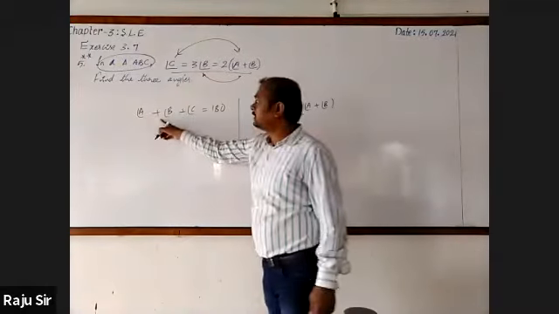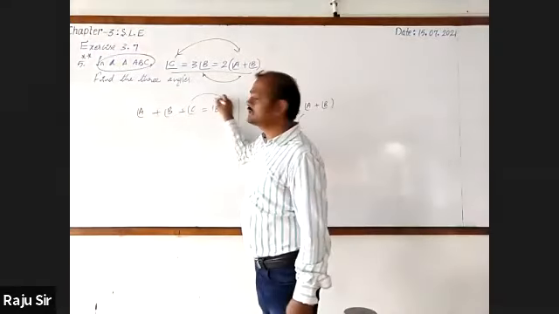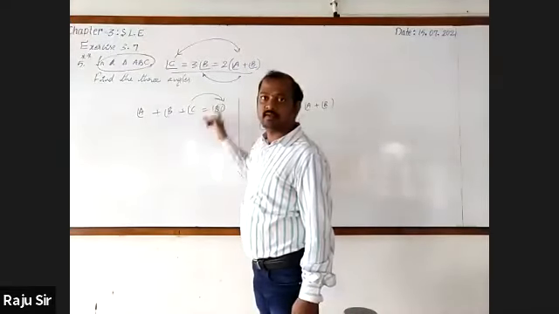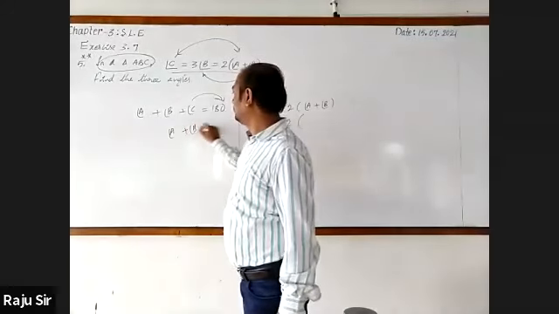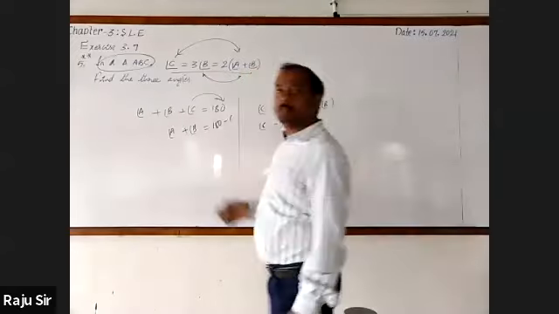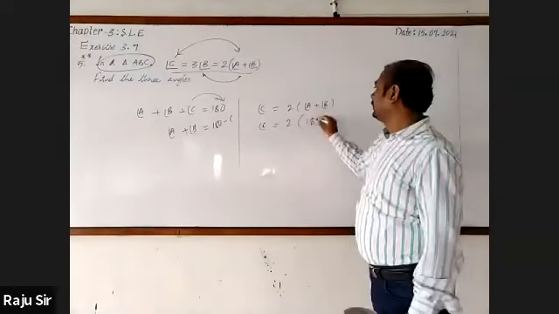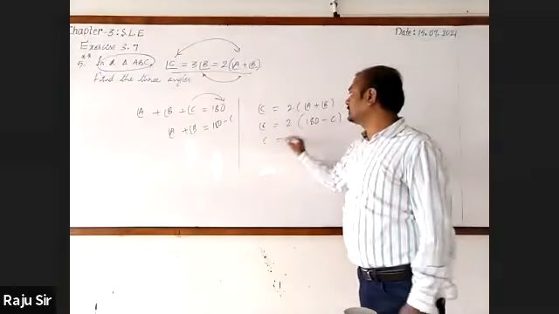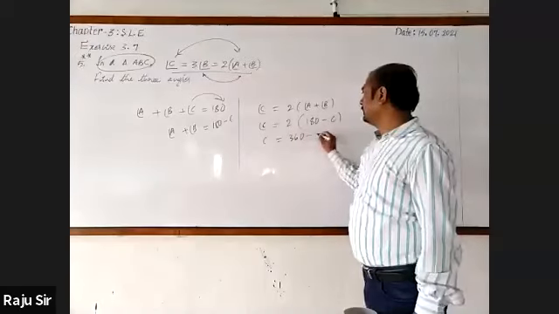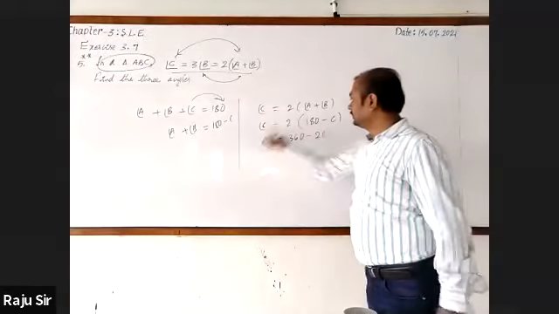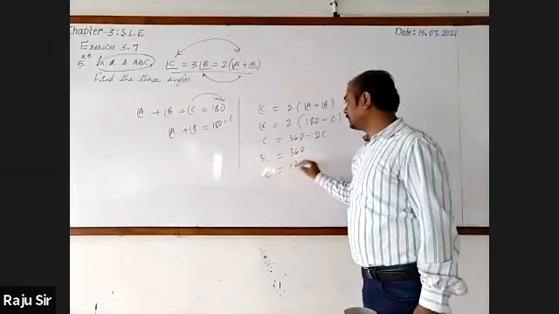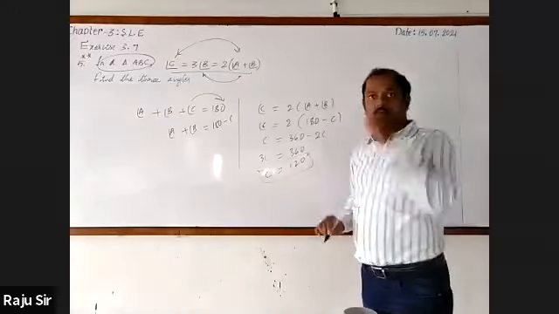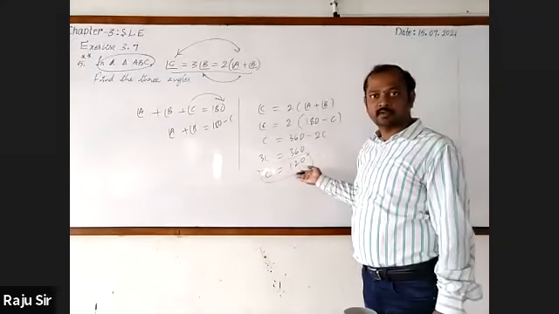What is A plus B? 180 minus angle C. So 180 minus C. Then C is equal to 360 minus 2C. Then 3C is equal to 360. C is equal to 120. Angle C is 120. Got it?